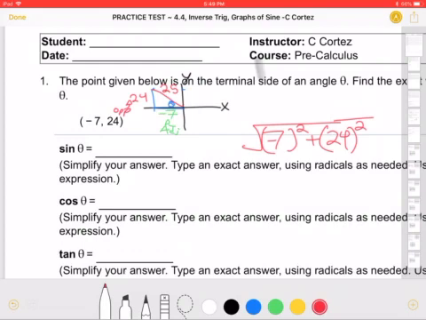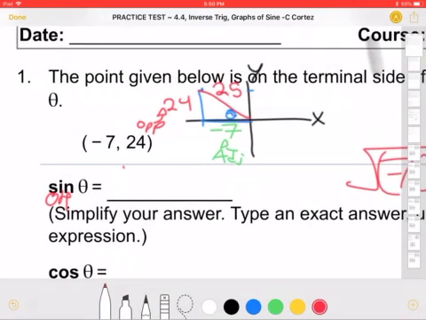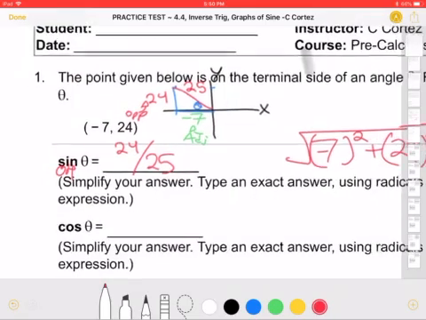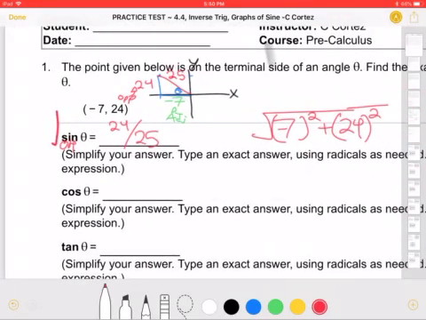Let's take this further. If we're going for sine, we know that our opposite is 24, and our hypotenuse is 25, so sine's pretty simple there. Cosine is adjacent over our hypotenuse, so -7, recall that was our adjacent, over our hypotenuse, which is 25.